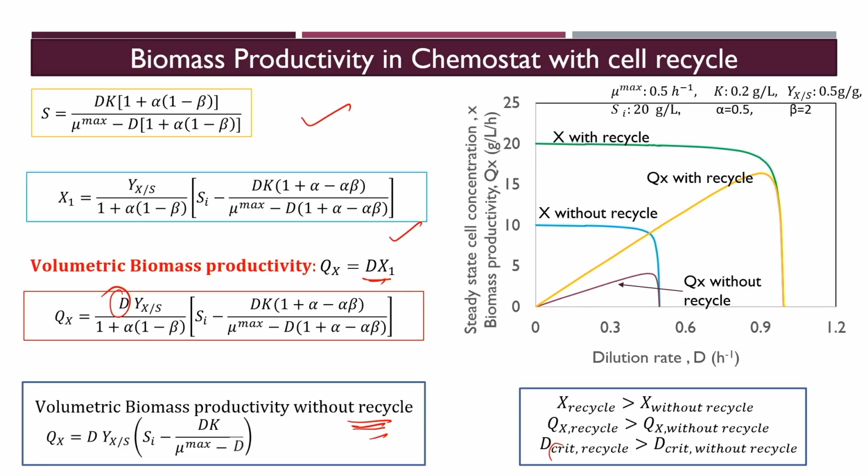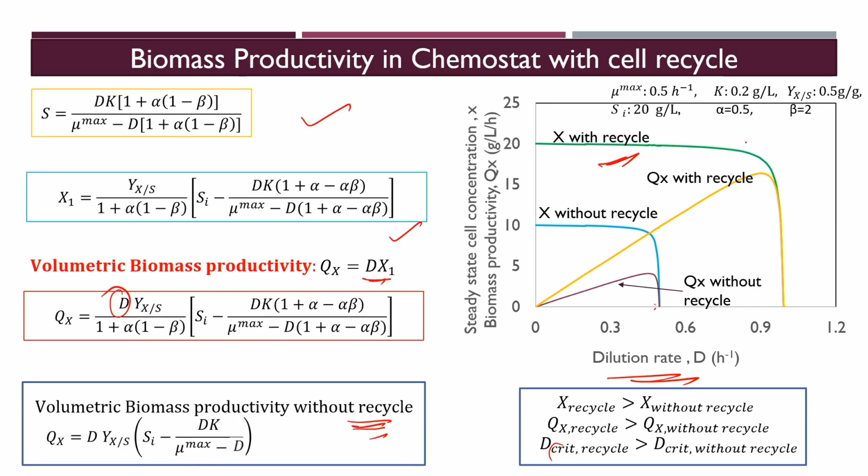Now, if you just see, interestingly, this is the dilution rate versus Qx or steady state cell concentration. So, what was the biomass? Biomass was almost constant, then at the D critical the biomass suddenly becomes 0, but with a CSTR with recycle, we are able to extend this D optimum to a different value.